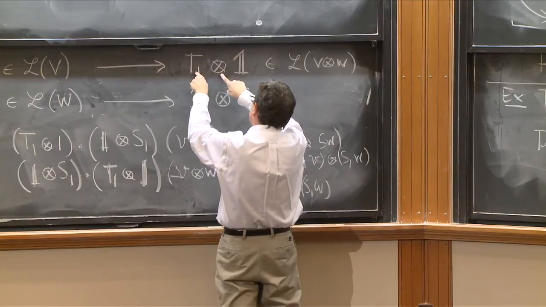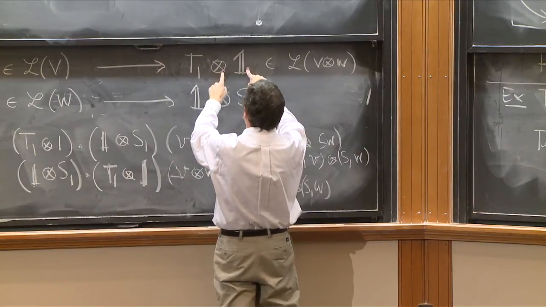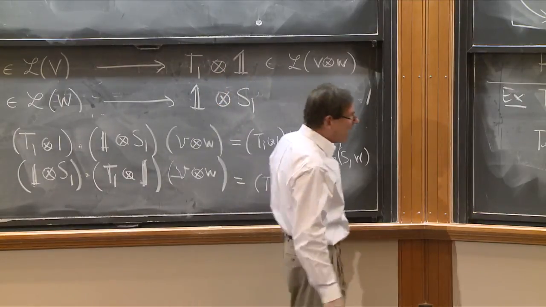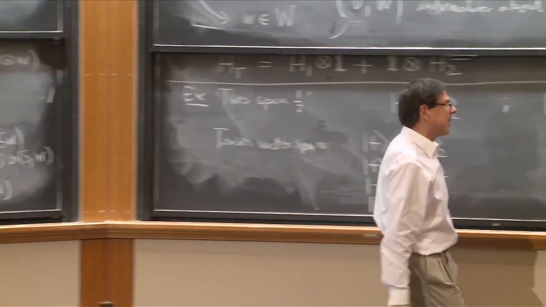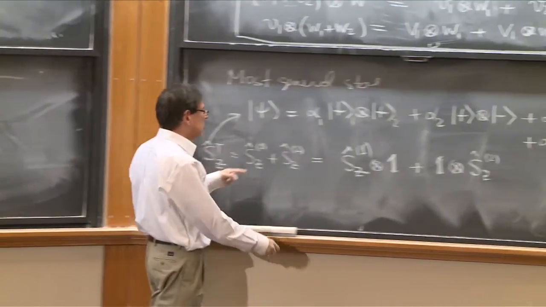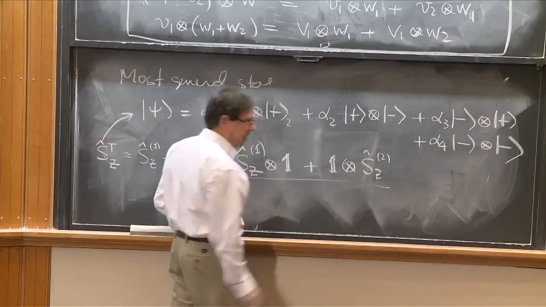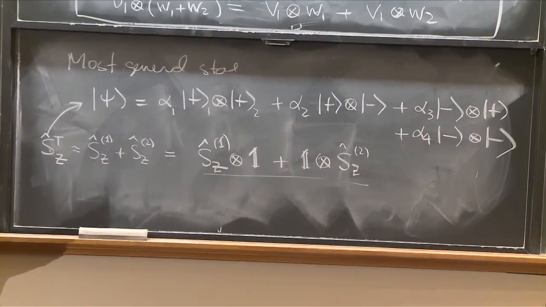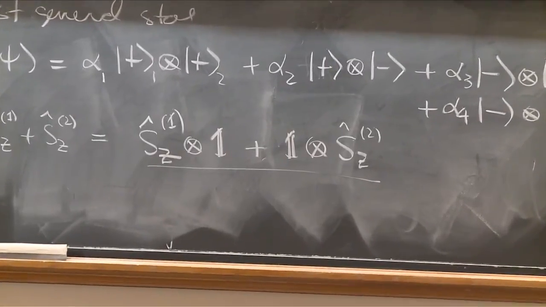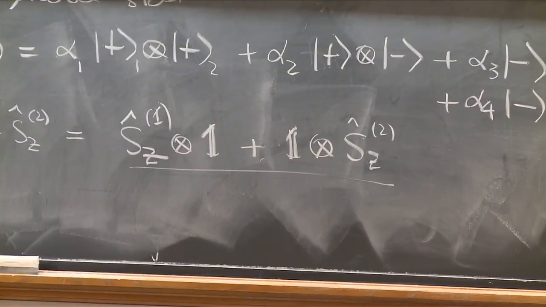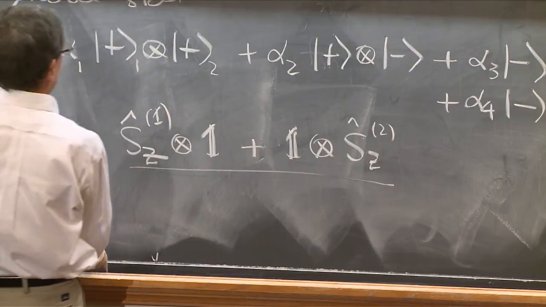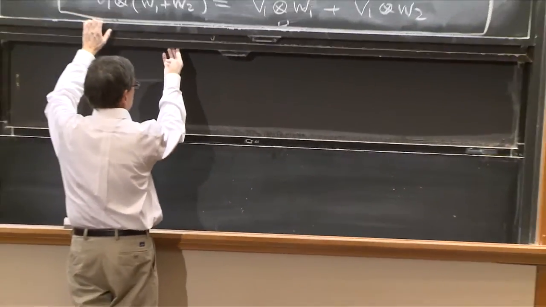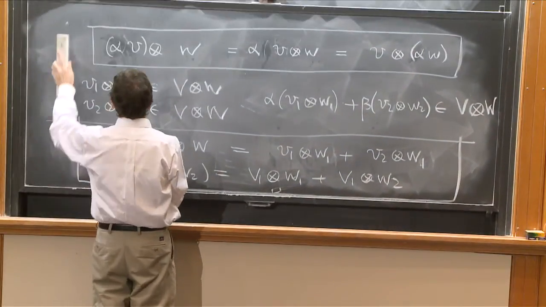You just let it act on the first state, but do nothing on the second. So summing the two angular momenta really means constructing this new operator in the new, larger, more extended space in which it acts in this way. So let's just calculate what that is, and we'll stop there.